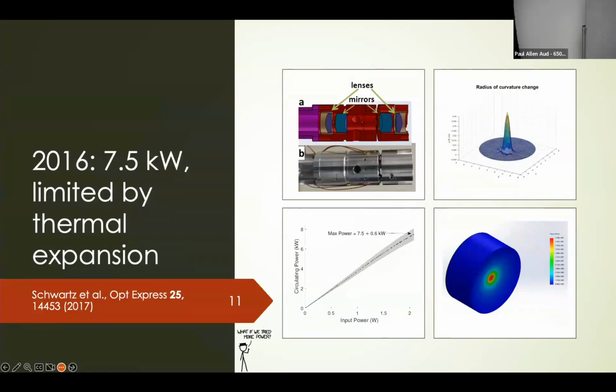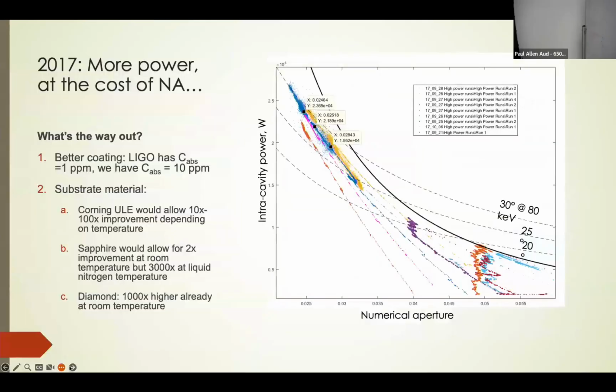So the mirror locally gets hot. That means it thermally expands, and that means locally the radius of curvature gets larger, defocusing the laser beam. And so at some point, as you crank up the input power, the focal point inside the cavity gets larger, but not brighter. Later, we were able to trade focusing against NA.